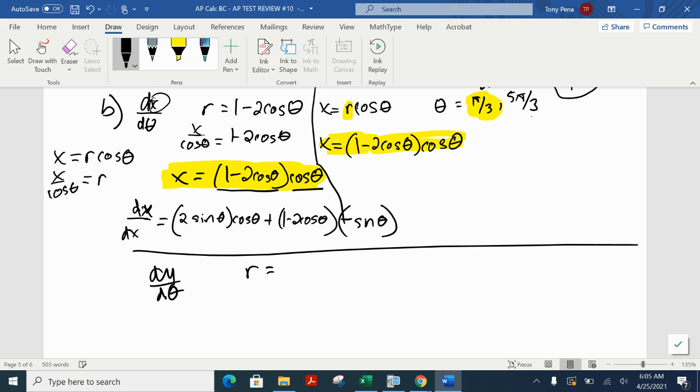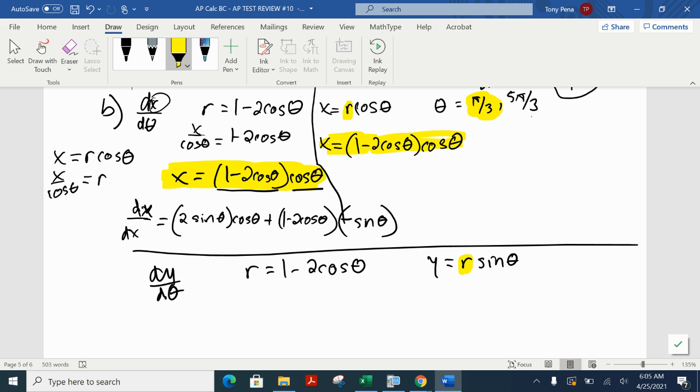When we go to dy d theta, same idea. If you're given r is equal to 1 minus 2 cosine of theta, and we know that x is r cosine theta, that y is r sine of theta, then it's whichever you prefer.